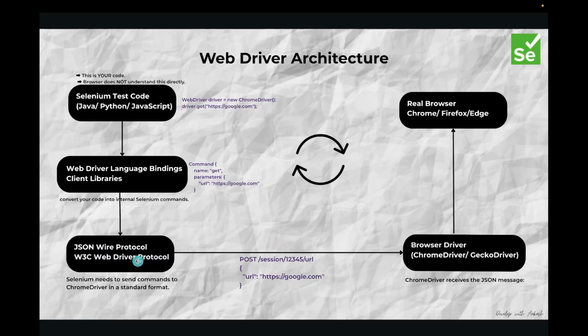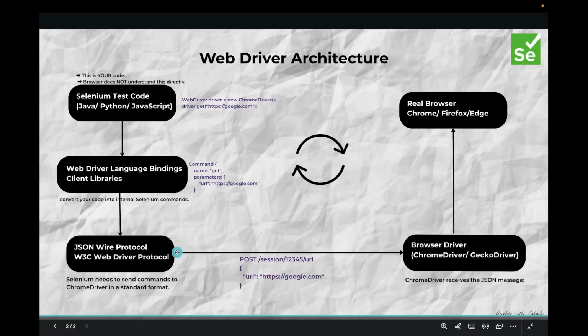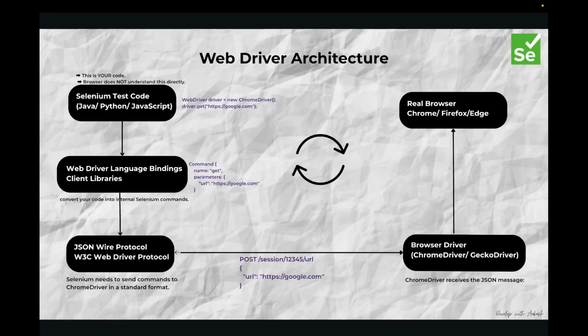Earlier, the protocol was something different, but now they have standardized it, since this is safe and more readable for the browser driver. So now we are using this. And if anyone asks you what the WebDriver architecture is, simply draw this flowchart and explain to them how this entire thing works.